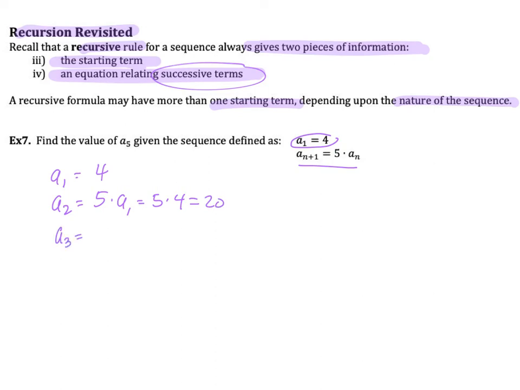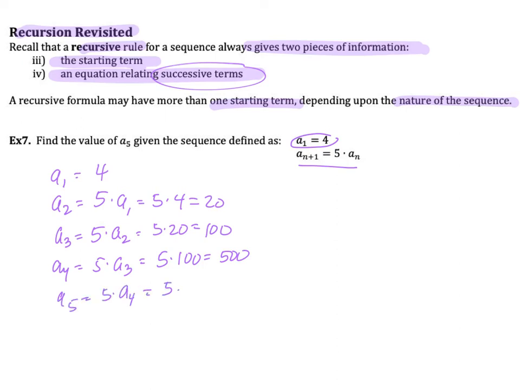A sub 3 is equal to 5 times a sub 2, which is 5 times 20, which is 100. A sub 4 is equal to 5 times a sub 3. A sub 3 was 100, so we get 500. And finally, a sub 5 is equal to 5 times a sub 4. So that's 5 times 500, which is 2,500. So the fifth term is 2,500.